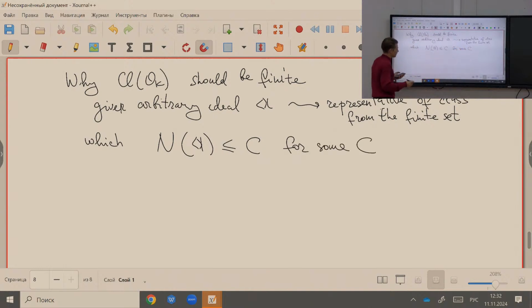So why is this enough? Because it is not clear a priori. How can we study the behavior of the norm of an arbitrary ideal? So let us decompose A into the product of primes.